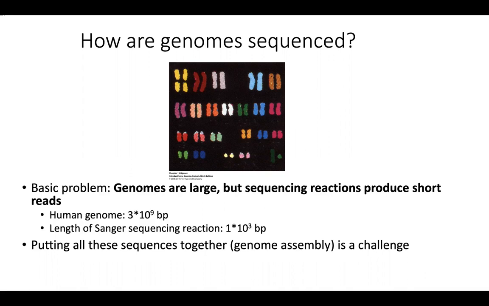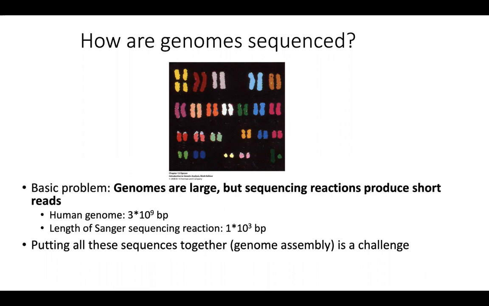So how are genomes actually sequenced? Well, to start with, the basic problem that we have is that genomes are very large, but the sequencing reactions that we can use at this point in time produce only short reads.